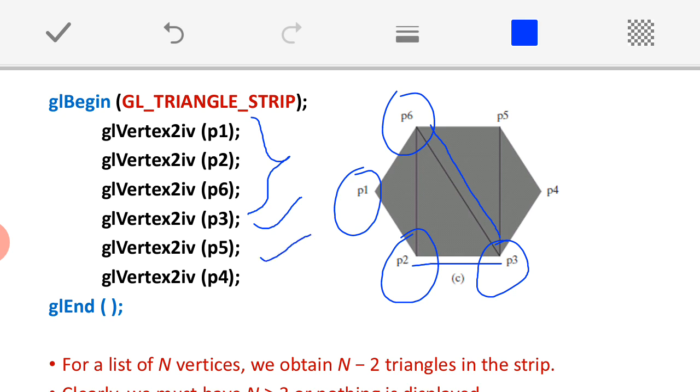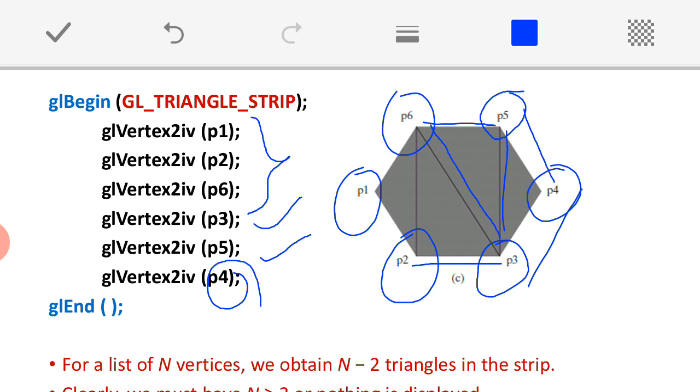Next vertex P5. P3 to P5 and P6 to P5 automatically get joined, and I get another triangle. Then P4 automatically gets joined, P3 to P4 and P5 to P4.